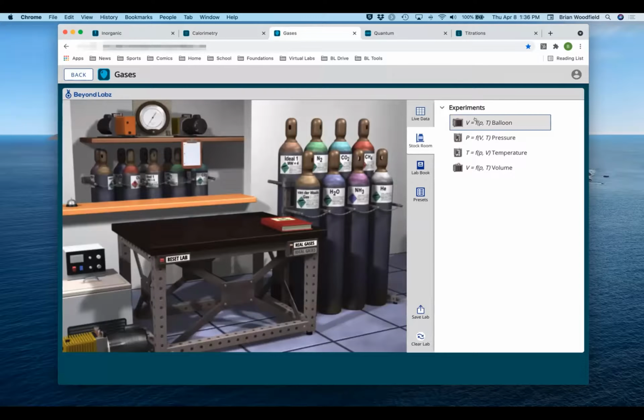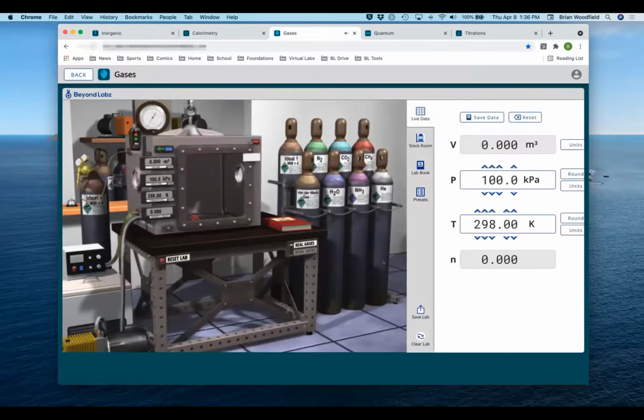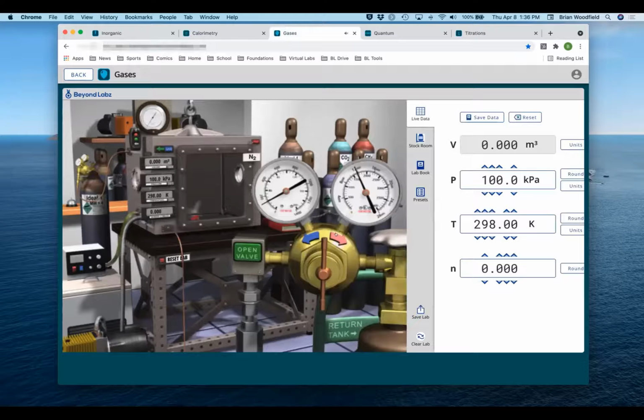Now just to show you gases. Again, we've moved things over here to the stock room. So here's the balloon, pick a gas, pick a real gas. We'll take nitrogen and add it and blow this up. Then again, I can come over here and save data.